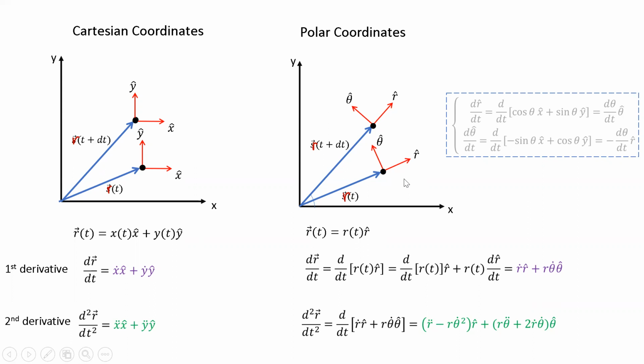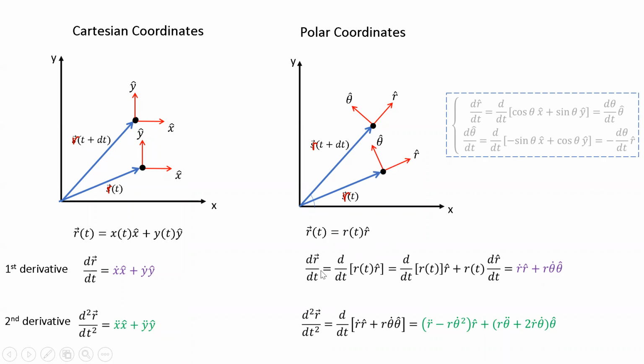The complications arise when you take the time derivative. In the Cartesian coordinates, because x hat and y hat are constant and independent of the position of your particle, when you take the derivative, you just need to take the derivative of the x function and y function. But in this case, as I said, because r hat really depends on the position of the particle, as you move, r hat also changes.